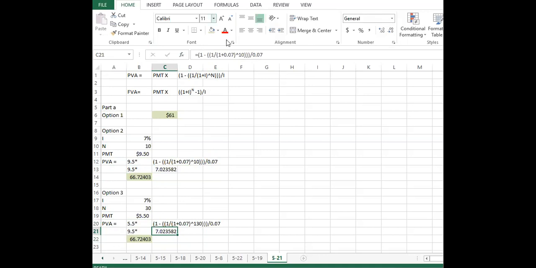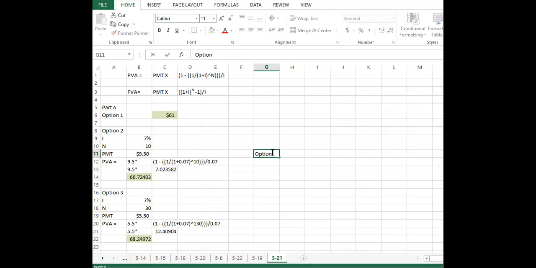So here it is the factor and it should be multiplied by 5.5 million. In the next step, we have 5.5 multiply the factor. Factor is 12.40904. So the present value is 68.249.